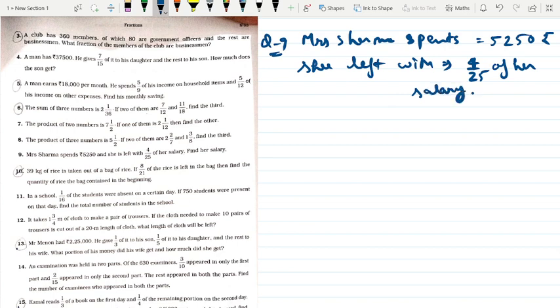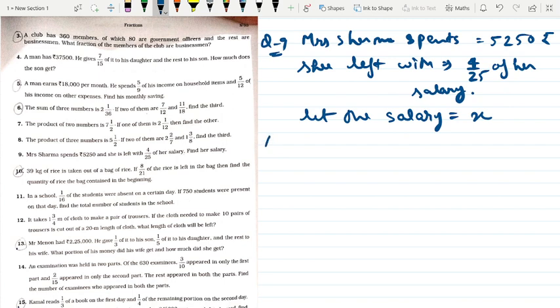Okay, so now in this question, let the salary, because you can see in the question, find her salary. So we will assume that the salary is equal to x, any variable you can assume.